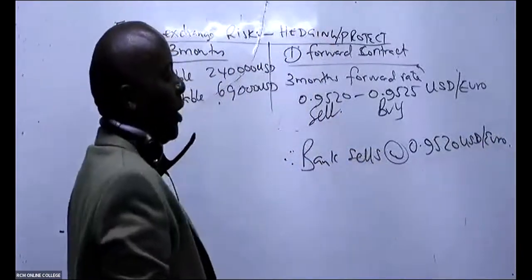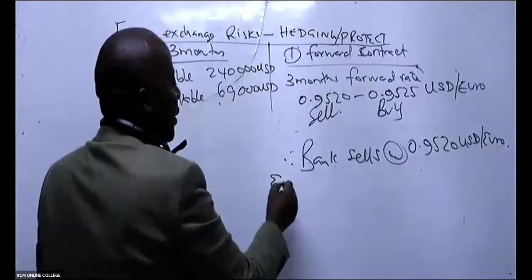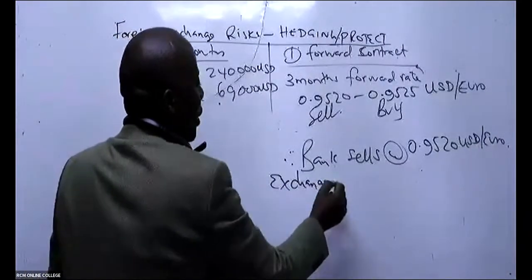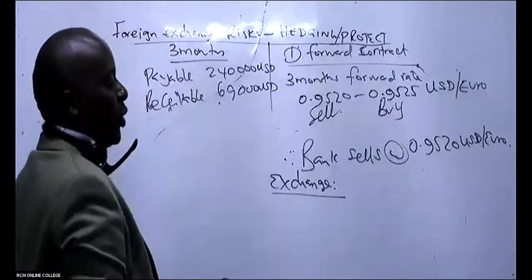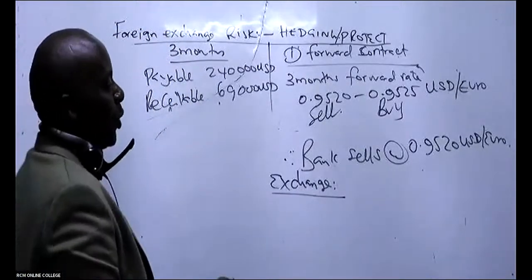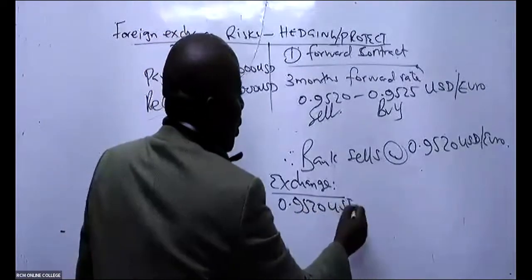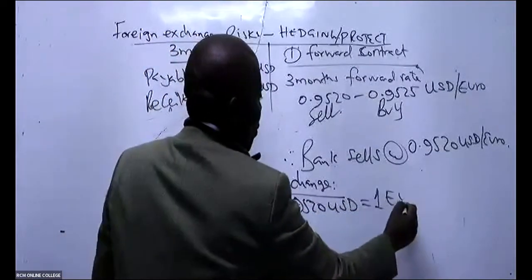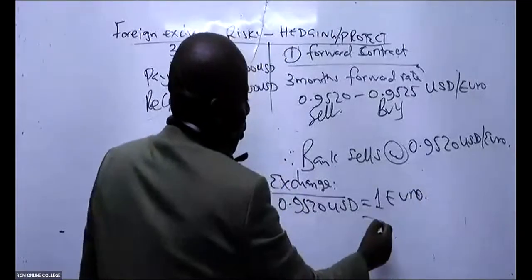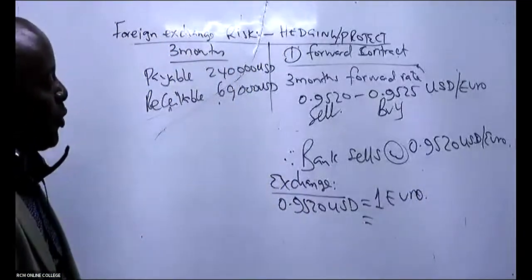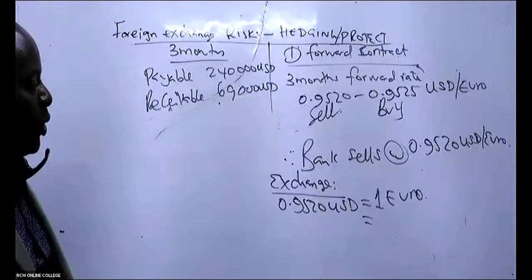And then you go ahead and exchange. So we're exchanging this: 0.9520 US dollar equals 1 euro.